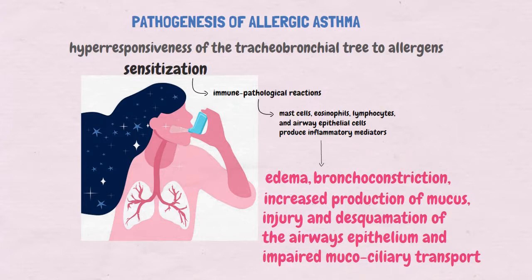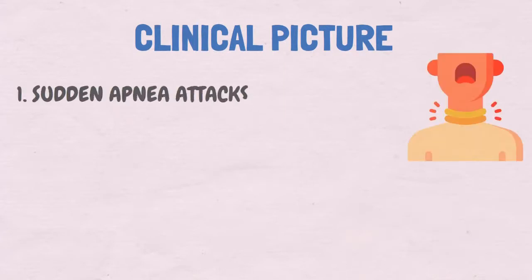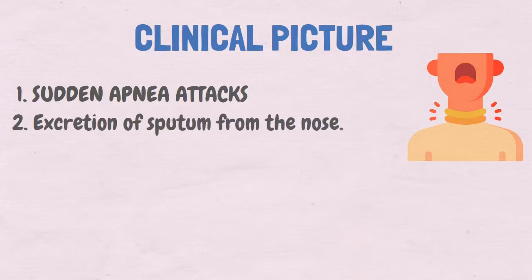Edema of the respiratory airways and the excessive amount of mucus produced lead to obstruction of the tracheobronchial tree and development of apnea attack.